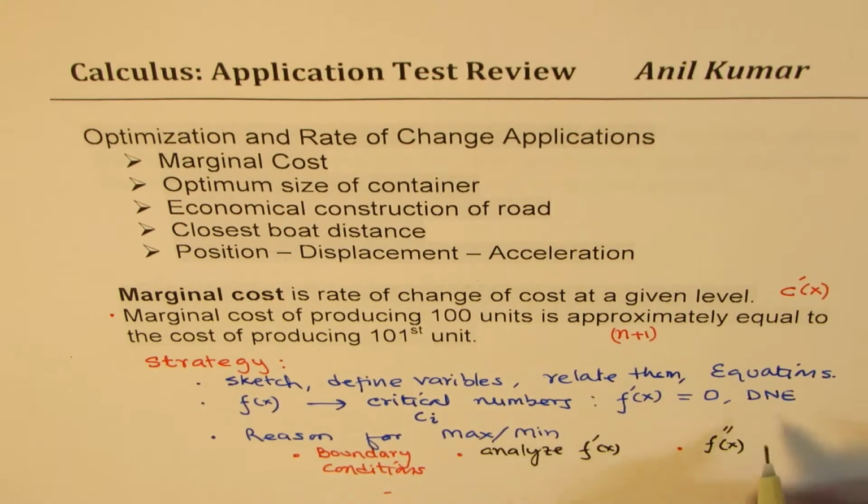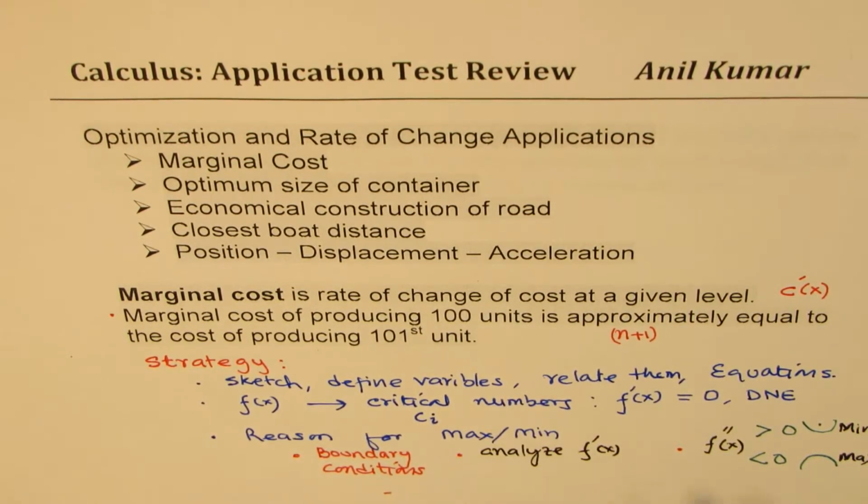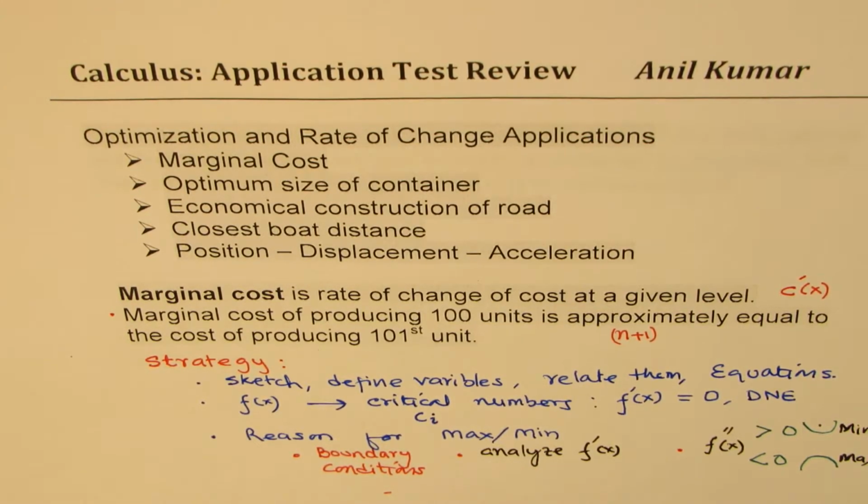And of course, if second derivative is greater than 0, then it's like concave up, you're looking for minimum. And if it's less than 0, it is concave down, you're looking at maximum, right? So that gives you minimum, and this gives you maximum. So these are different strategies which you could adopt to reason out maximum or minimum. Perfect. Now let's see how we can apply these strategies for the given examples.